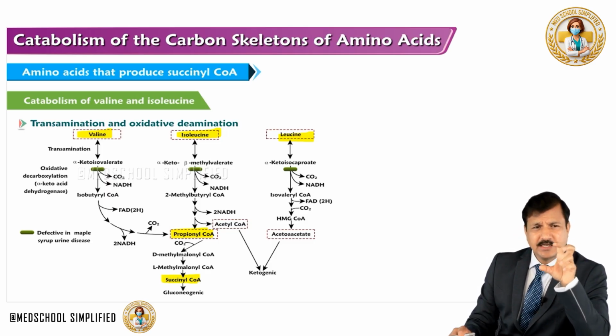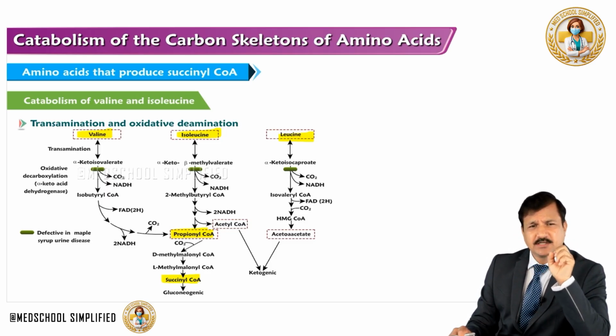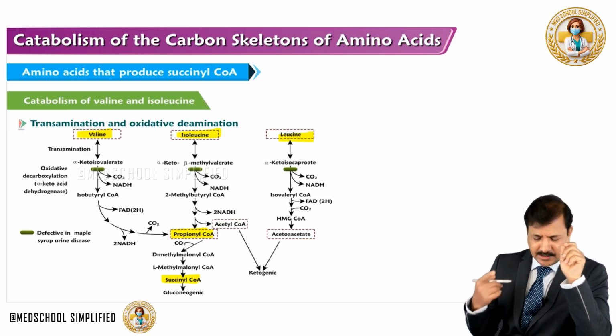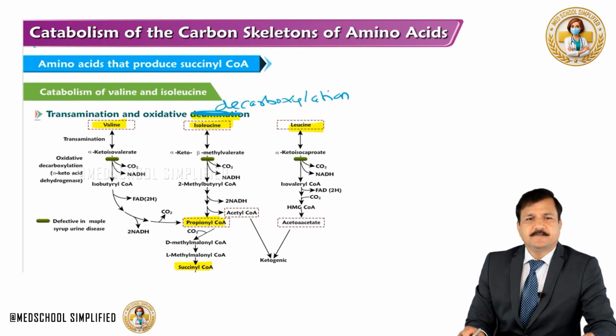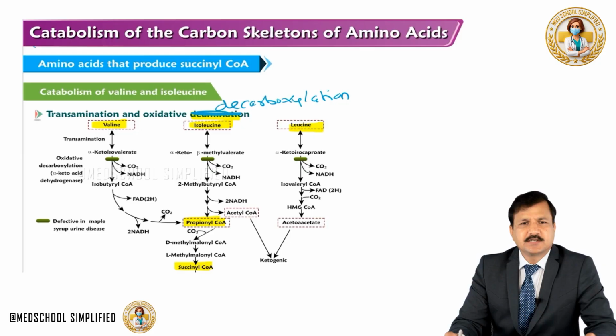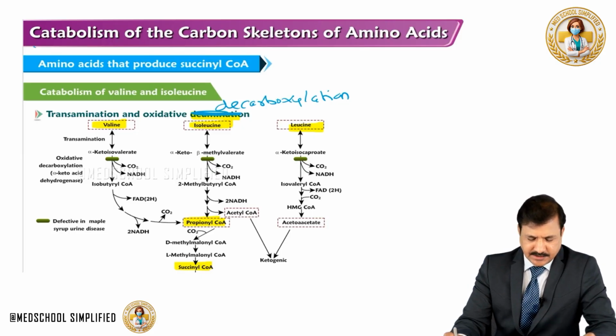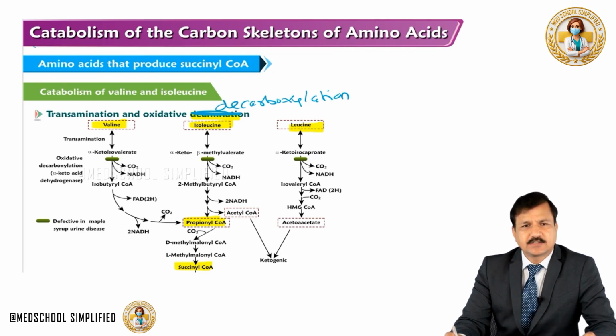Now, valine and isoleucine undergo transamination and oxidative decarboxylation to make alpha-ketoisovalerate and alpha-keto-beta-methylvalerate.